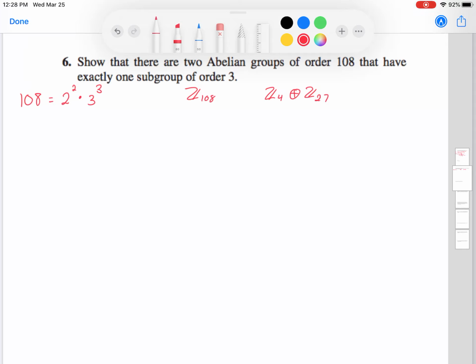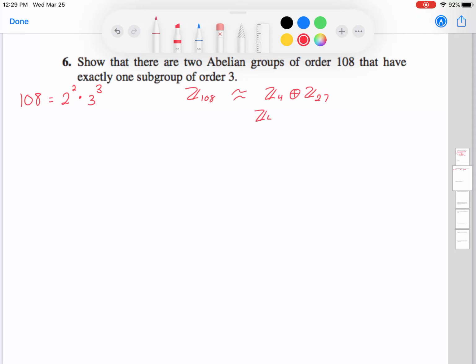Now, we also know that we could rewrite this a little bit and have different groups that are also going to be order 108, but that they would not necessarily be isomorphic to Z108. So we know that these are isomorphic.